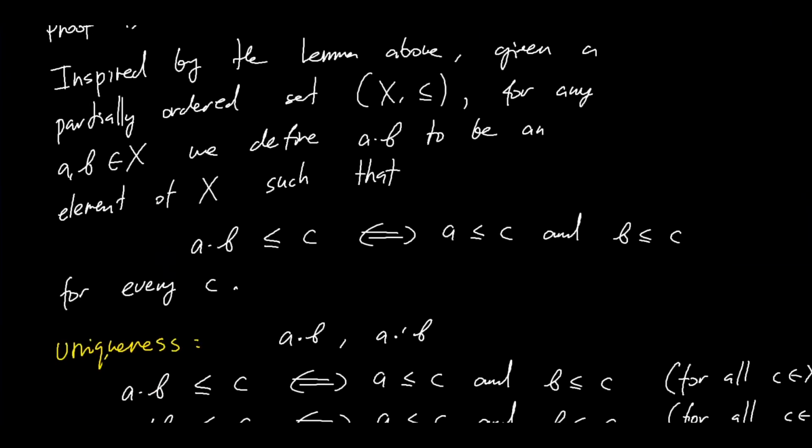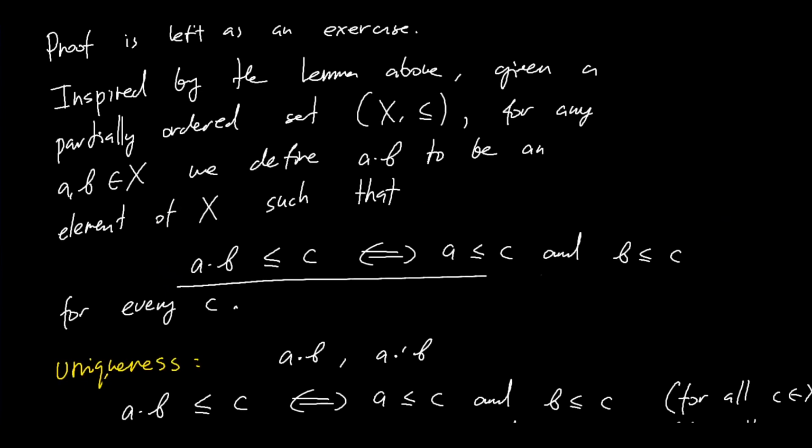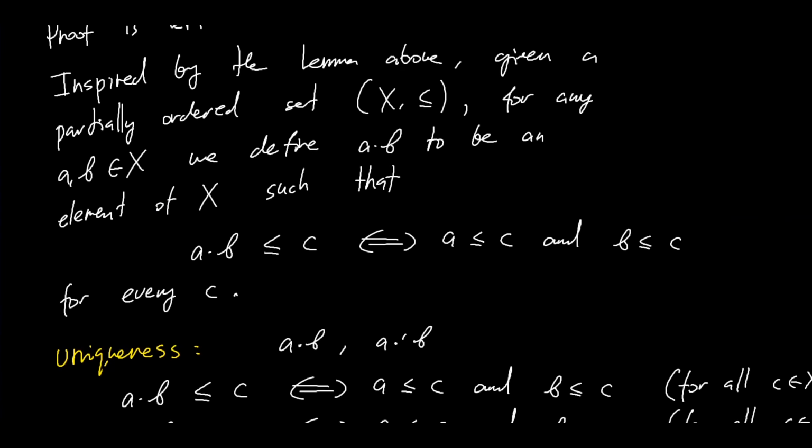This operation, the one that's defined this way, is called the join of two elements in a partially ordered set. Just like union, it's another word for union in a sense.